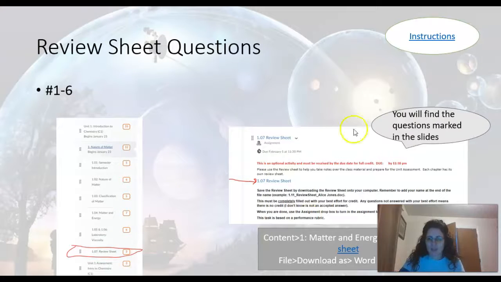In the lesson material, these links are live. There's instructions for how to fill out the review sheet, and it is linked there. You can also find it in the course under the lesson 1.07 review sheet, and that's actually where you submit it at the end of this chapter.